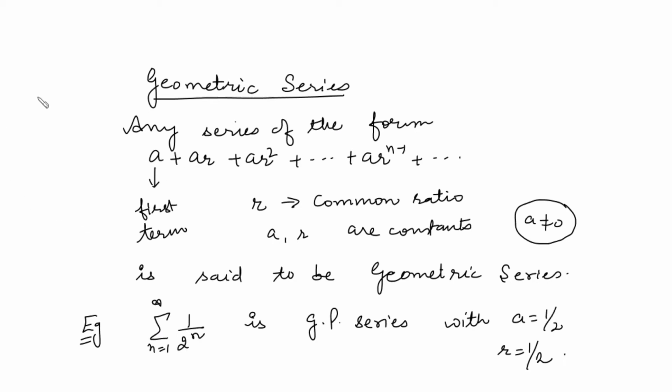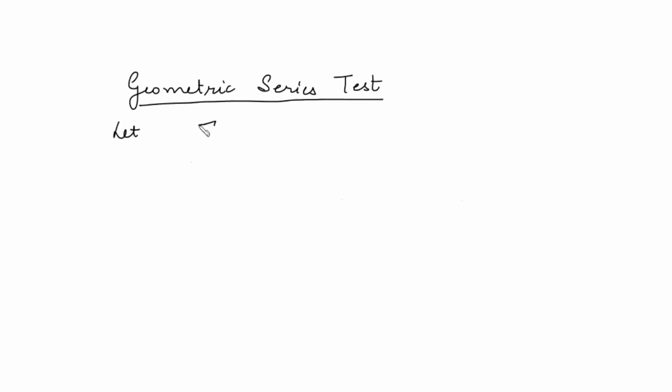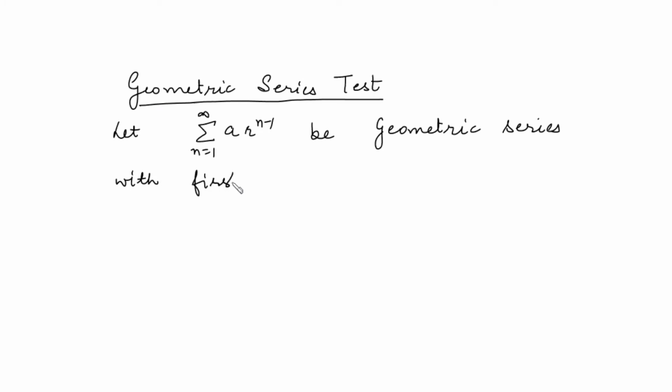Now the next motive is to check the behavior of this series, and that is the geometric series test. This test says: let this be the geometric series with first term a and common ratio r.